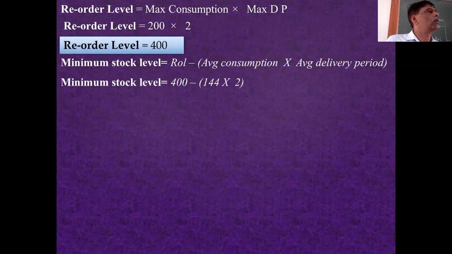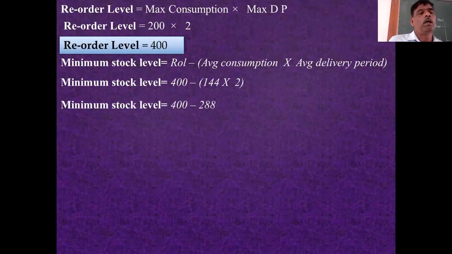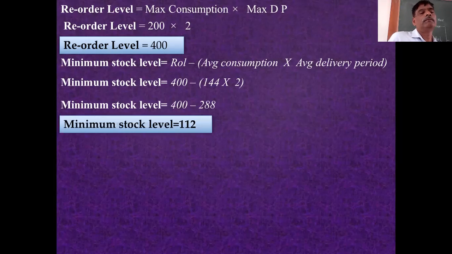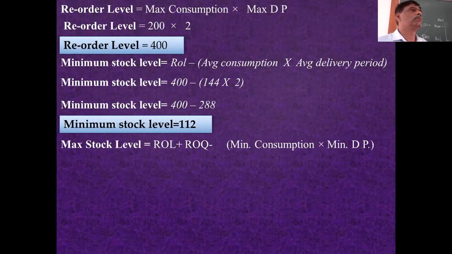That is 400 is the ROL, above calculated amount. Then average is 144 consumption, delivery period 2. So answer is 400 minus 288. It is 112. Okay, 112.